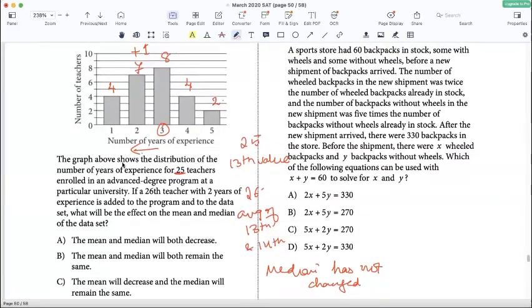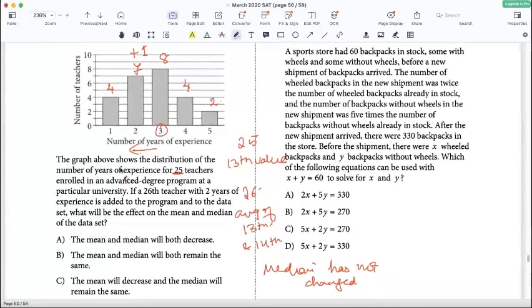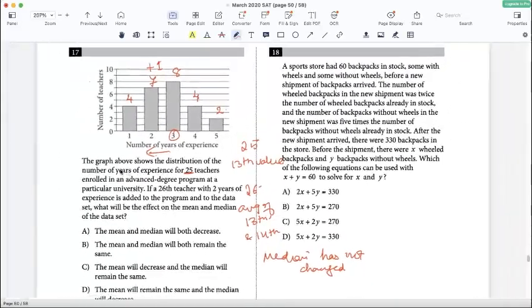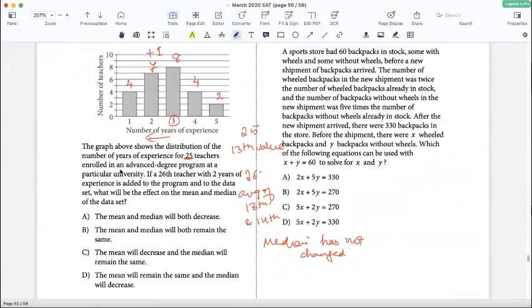So let's verify that. The initial mean was 4 into 1, 4, plus 7 into 2, 14, plus 8 into 3, 24, plus 4 into 4, 16, plus 5 into 2, 10, divided by 25.